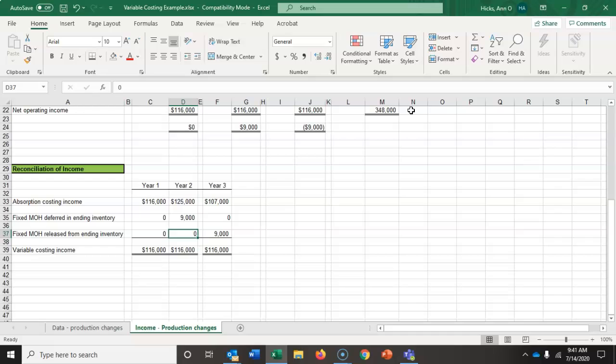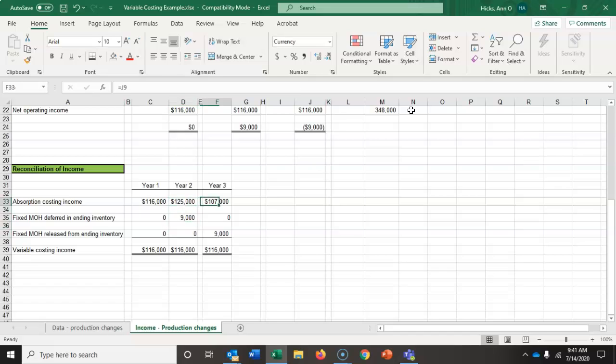Nothing was released from ending inventory, and so that gets us down to what variable costing income would be. And we can see the only difference between the two is that $9,000 was deferred under absorption costing.